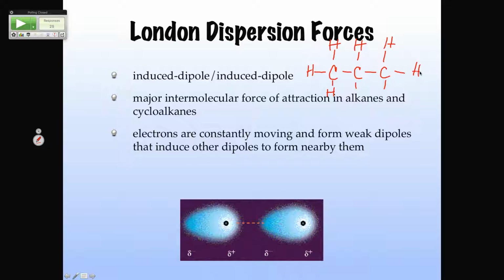So here's an example of an alkane. Alkanes are all single bonds between the carbons and only carbon and hydrogen in the molecule.